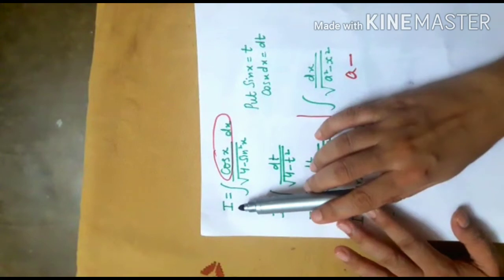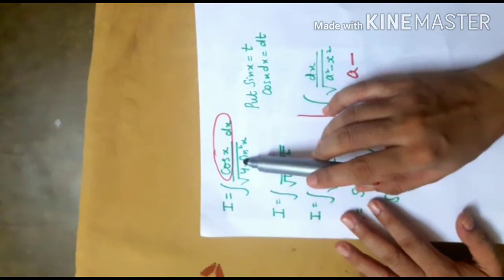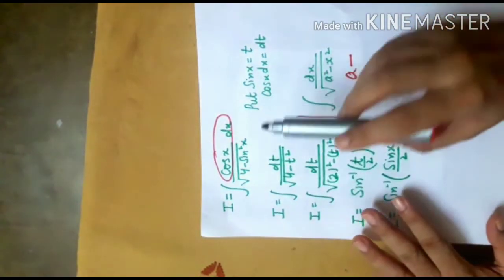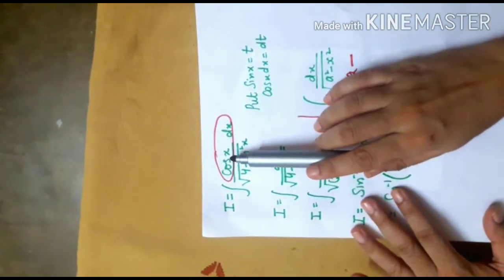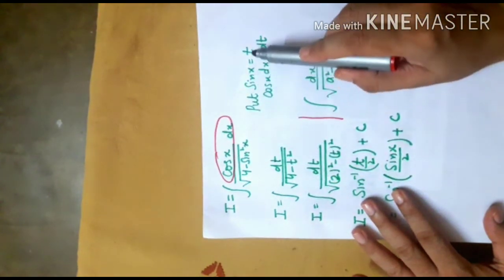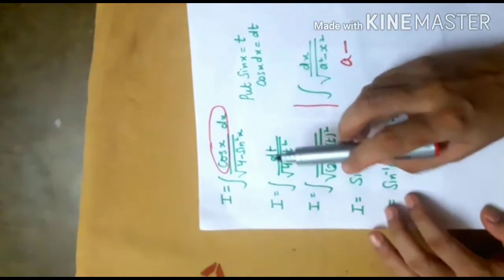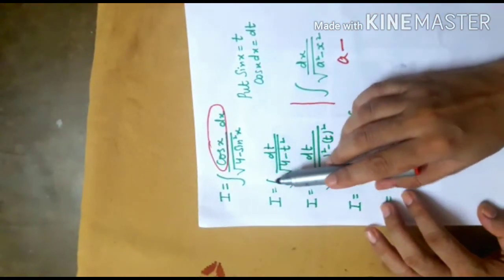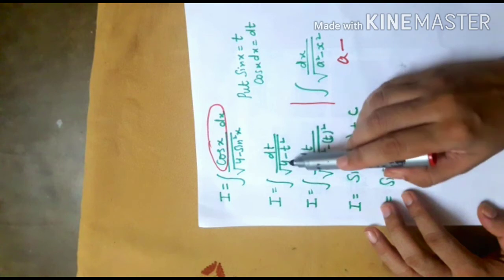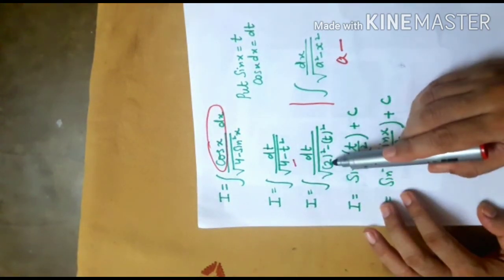Let's take another question. Evaluate I equals integral cos x over square root of 4 minus sine square x dx. Now here I can see cos x is the derivative of sine x. So first I'll put sine x as t. So I'll get cos x dx equals dt. So I will be integral dt over square root of 4 minus t square. Now 4 can be written as square of 2.